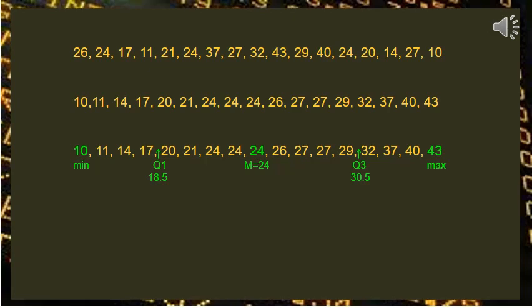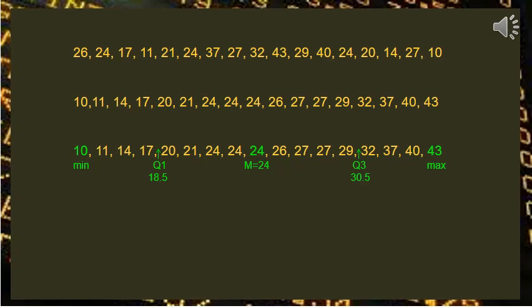I will not use 24 in my calculation because it's an actual number, the median. I will use the remaining numbers in the smaller half. I have 1, 2, 3, 4, 5, 6, 7, 8 numbers. The median will be exactly in the middle of these 8 smaller numbers here, right between 17 and 20. It's 18.5. So Q1 here is 18.5.